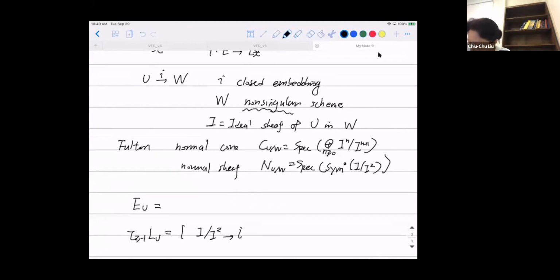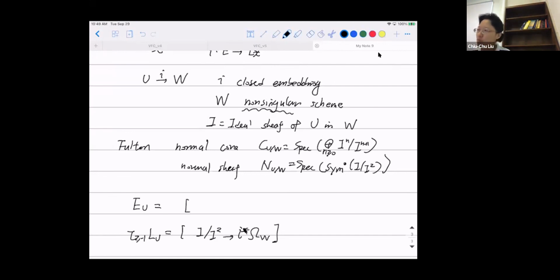So the first two terms, on U, if we have a closed embedding into a non-singular scheme, this term is the restriction of the cotangent bundle of W, and this is the conormal.